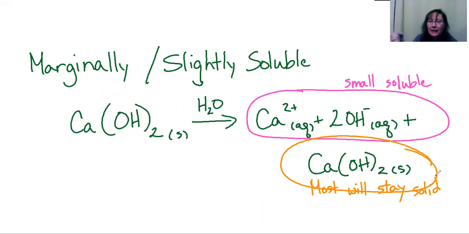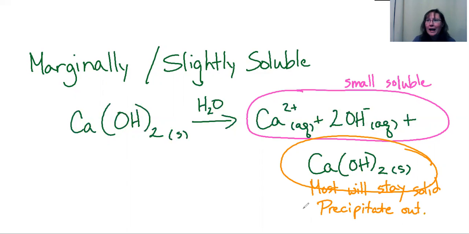And what that means is that in a reaction, this will precipitate out. Sometimes you'll see calcium hydroxide listed as a tiny bit aqueous, but most of the time it will precipitate out.